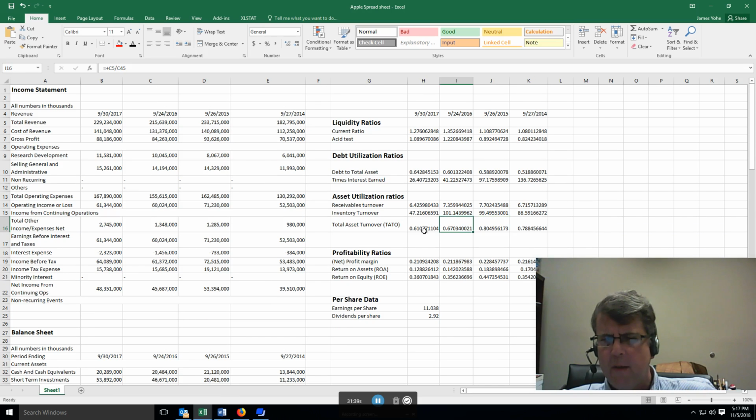That, again, is a number that has been significantly going down for Apple. Are they having a problem using their assets to generate sales? This, to me, along with this inventory ratio and receivables turnover here, is not that indicative of it, but these two here give me an indication that maybe sales are slowing for these iPhones between 2016 and 2017.